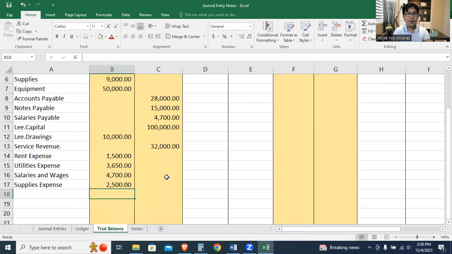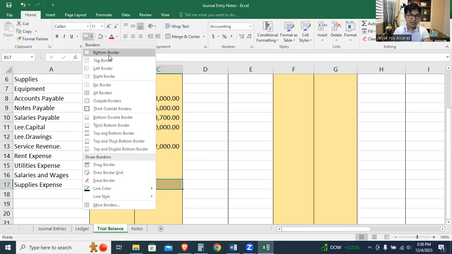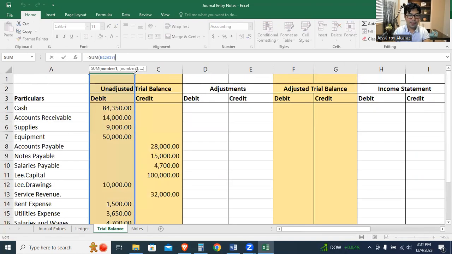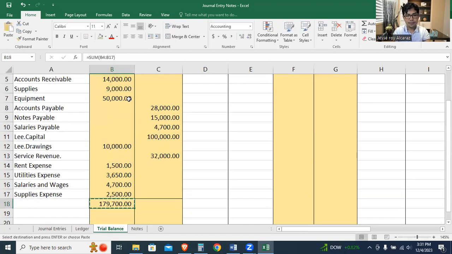Hopefully they balance. The unadjusted trial balance should balance. Okay, so far, thankfully, it balances.